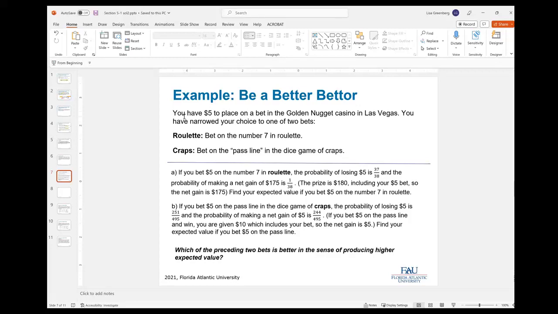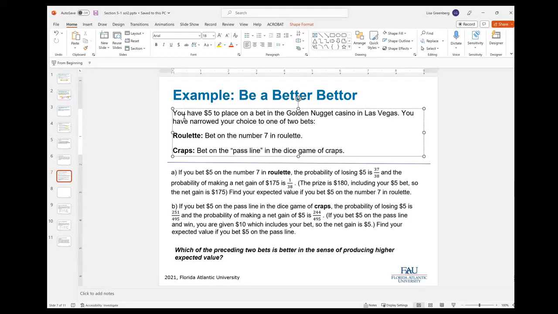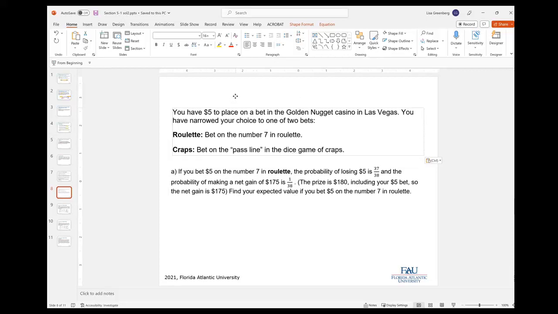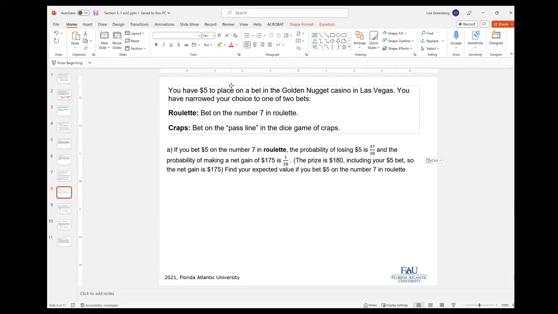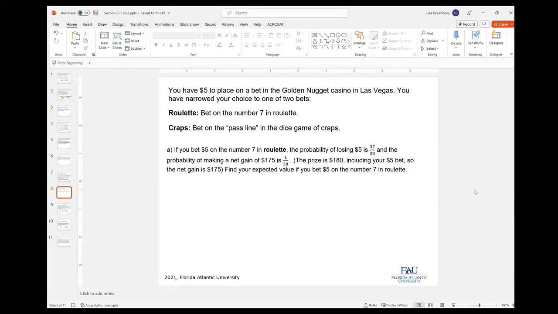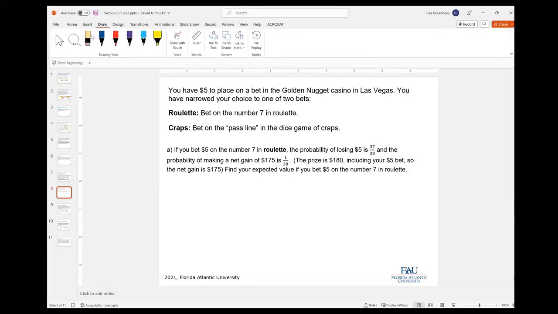Let's see if we can just copy this and this. Okay. So A is what we're going to do first. And it might be easy if you want to draw a table.